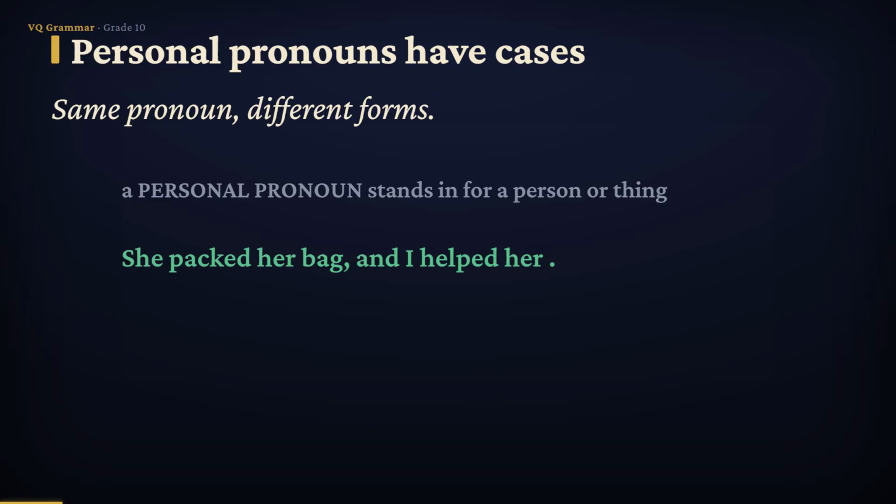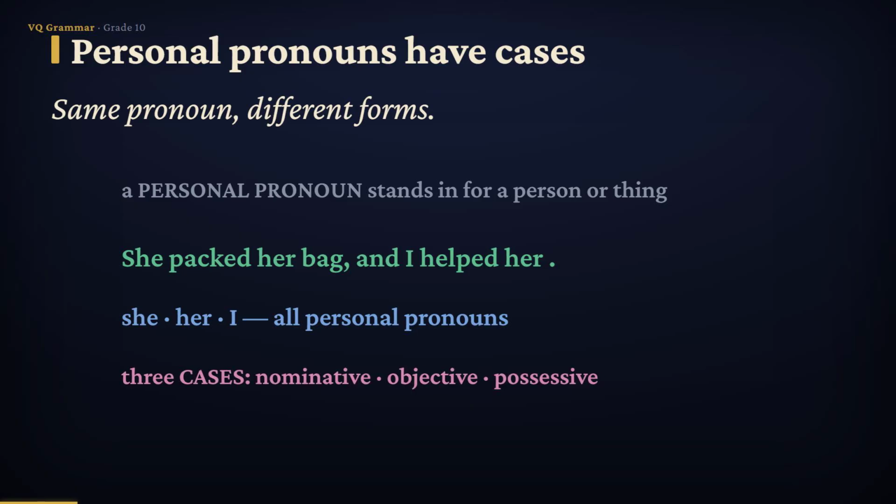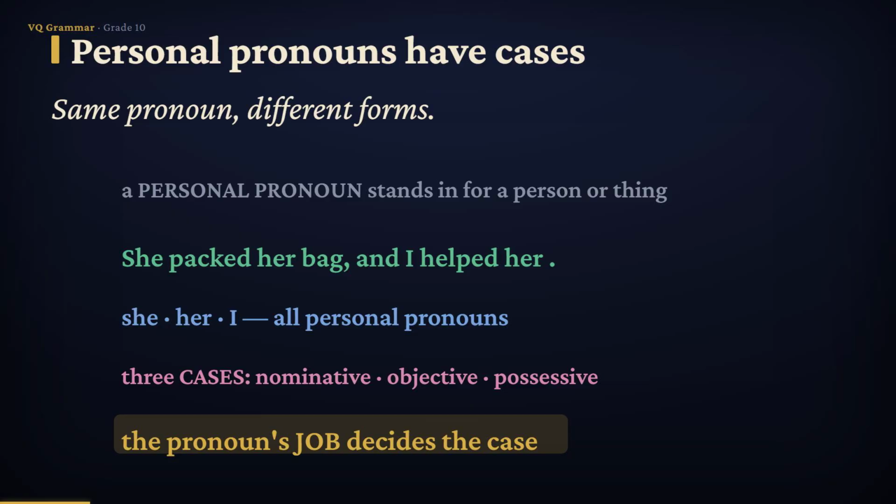The little words in there, she, her, and I, are all personal pronouns, and notice that they don't all look alike. That's because personal pronouns come in three forms, called cases: nominative, objective, and possessive. And here is the whole lesson in one line. The job the pronoun does in the sentence is what decides which case you use.